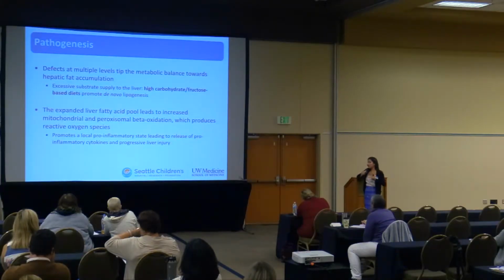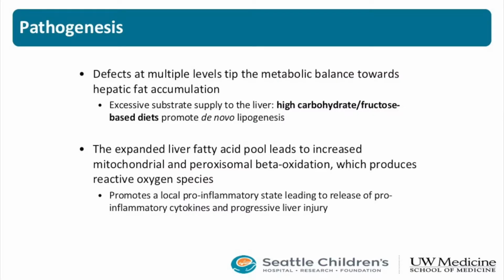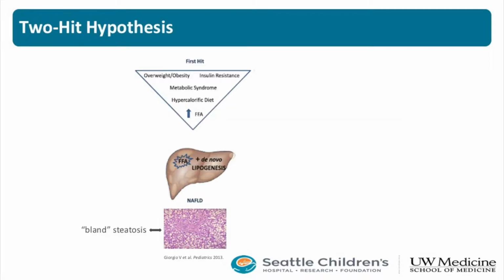Now, the problem is that fat in your liver is not necessarily bad. There's something we call bland steatosis. That is just fat in your liver, but it doesn't progress to inflammation. You need inflammation in your liver with that fat to actually cause problems, and that's what we call the two-hit hypothesis. You start with your diet, your metabolic syndrome, and you accumulate fat in your liver.